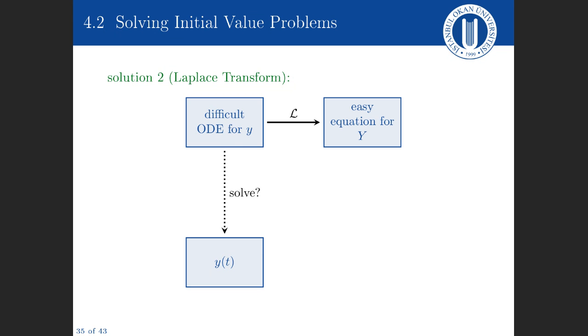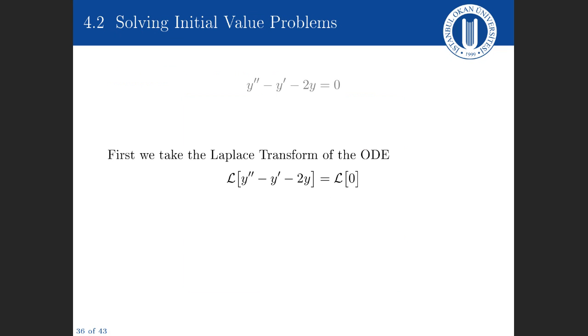One way is to use the Laplace transform, because the Laplace transform eats derivatives. Using the Laplace transform, instead of a difficult differential equation, we might end up with an easier equation for capital Y. Solve the easy equation to find capital Y, and then take the inverse Laplace transform to find small y. That's the idea.